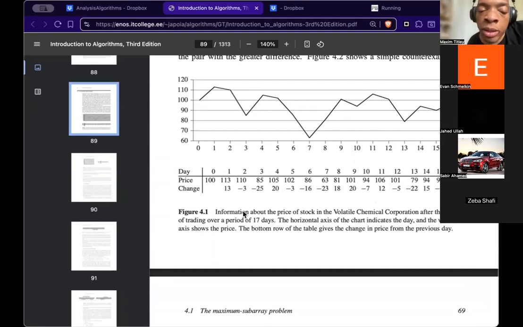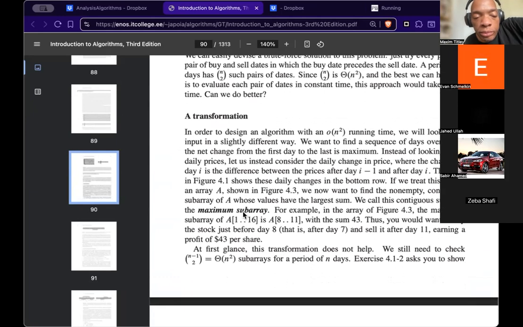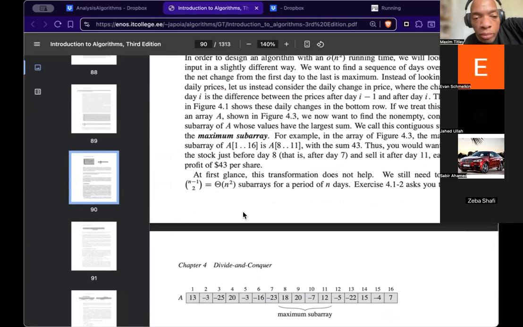So that's not really what we want. So that's what we're likely to get. Okay. Now, moving further back down. So the table shows these daily values in the bottom row.